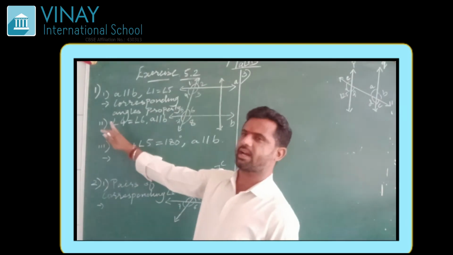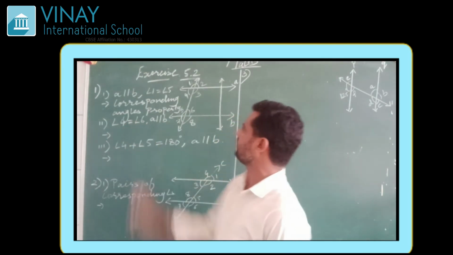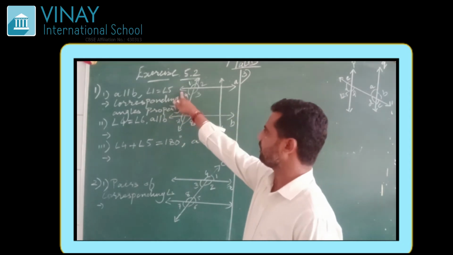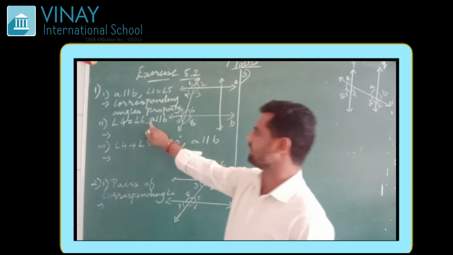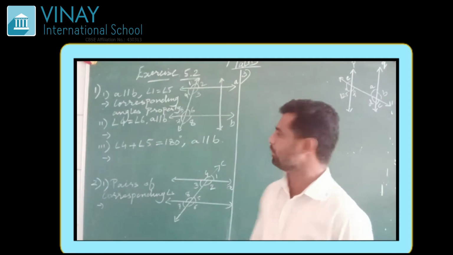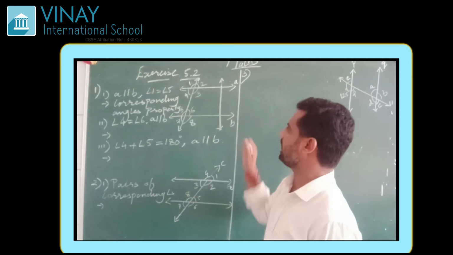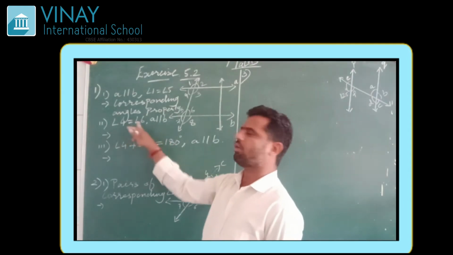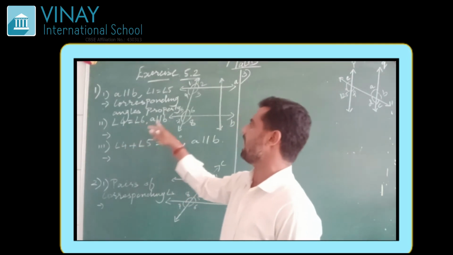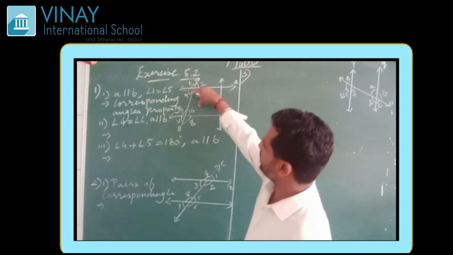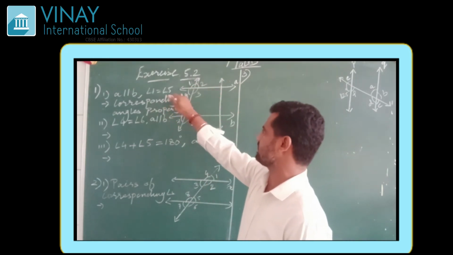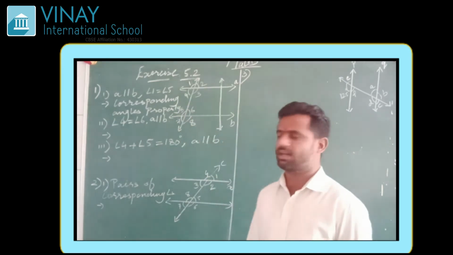In the same way, second, it is given that angle 4 is equal to angle 6, and it is given that A is parallel to B. If angle 4 is equal to angle 6, then A is parallel to B. So we need to find out which pair of angles angle 4 and angle 6 are.